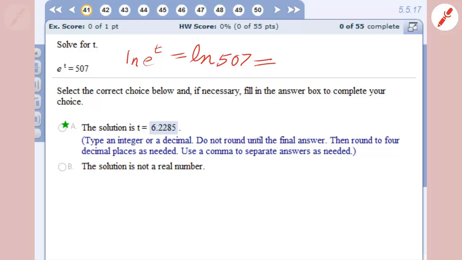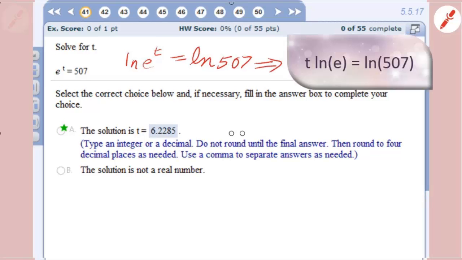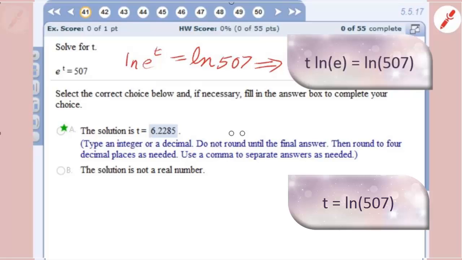And so what this means is that t times the ln of e equals the ln of 507. Now what is the ln of e? It's 1. So t equals the ln of 507.